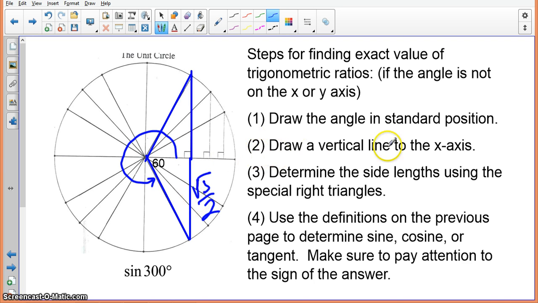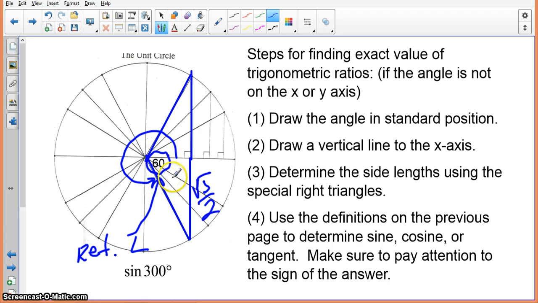Now I kind of skipped a step in here. I did it here: determine the side lengths. I probably could have made step 3 determining what this angle is right here. This angle right here is 60 specifically. This is called the reference angle. The reference angle is 60 degrees. It's the acute angle that the terminal side makes with the x-axis.